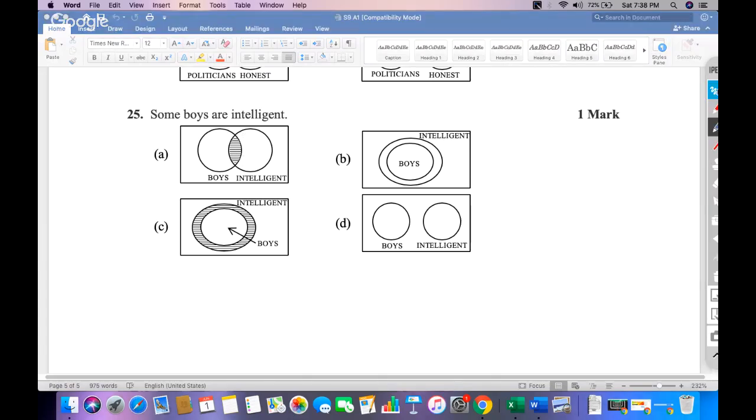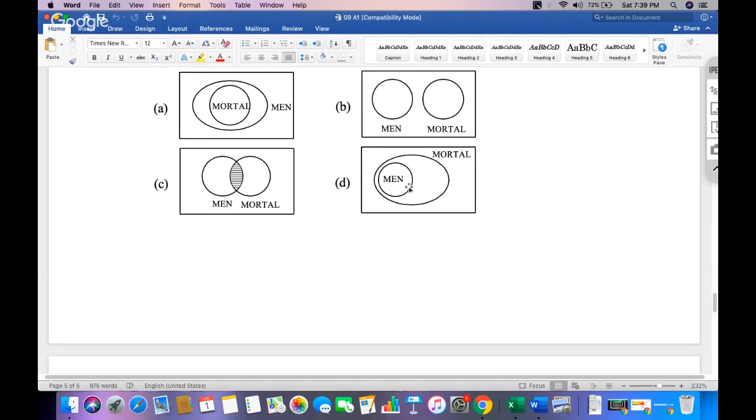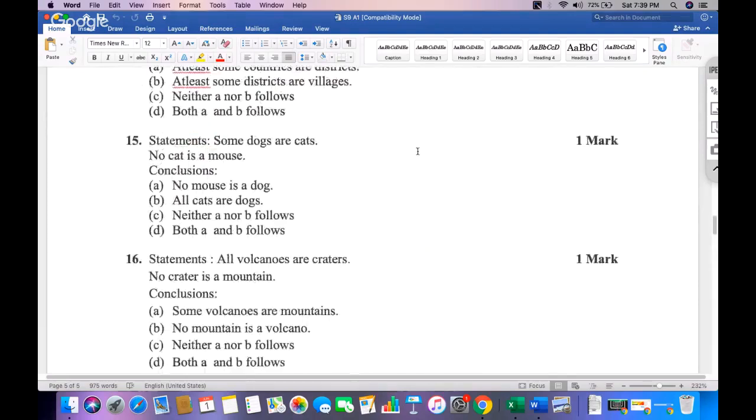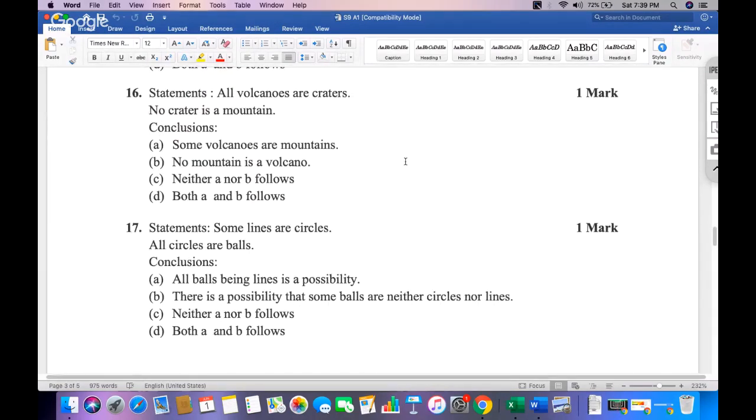So let me again move back to which question we have solved till question number 15. So solve question 16 and 17.